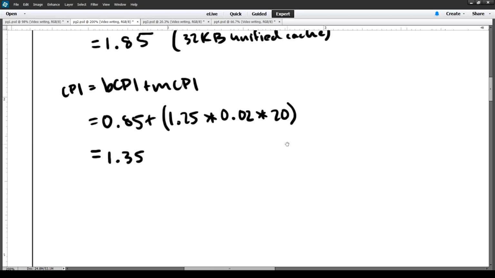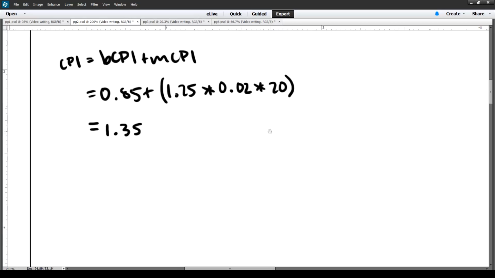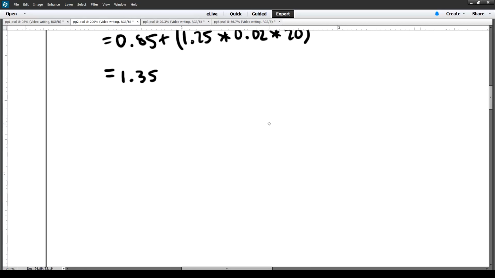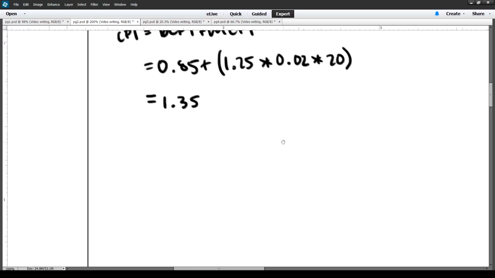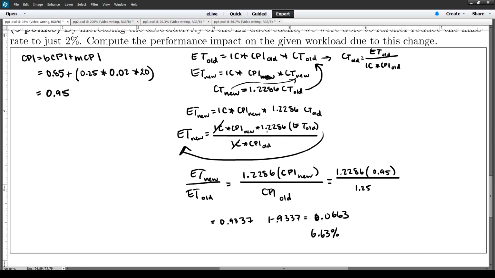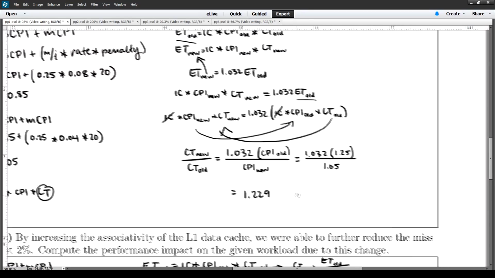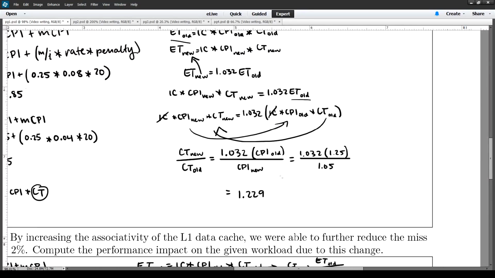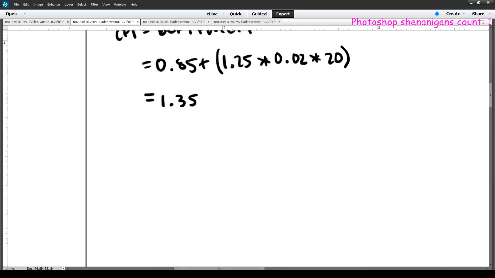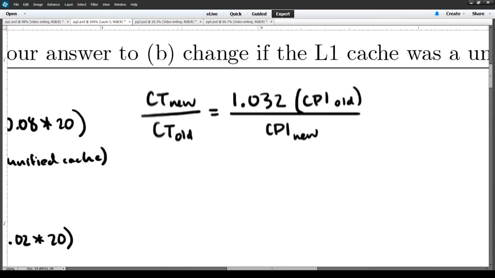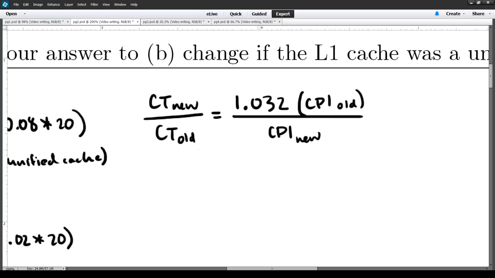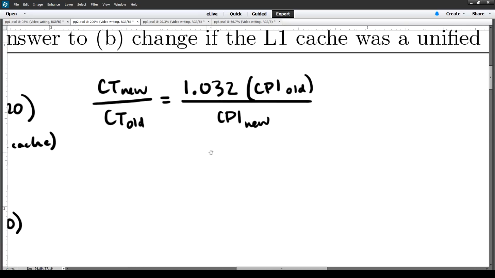So the next thing that we need to do is calculate the difference in cycle time, just like we did in problem 1a. And I'm just going to take a little bit of a shortcut here. We know from what we did in 1a, right here, that this was actually our formula. So we're just going to be plugging in everything that we know.